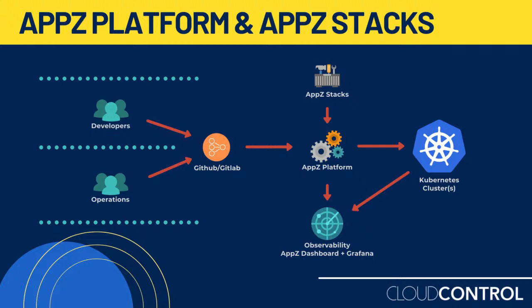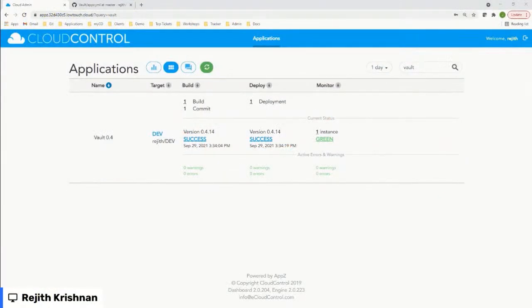We have an AppZ stack for that, and this is a resilient AppZ stack, fully curated and fully scanned. We have all the details for that. And you don't have to learn the technology. You don't have to learn the nitty-gritty of the cloud as well as the technology that you're deploying to start using it.